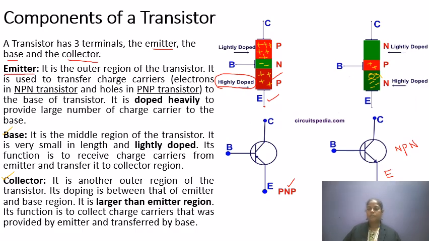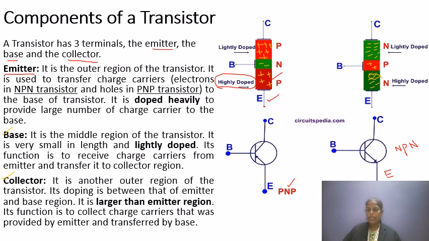Keep it in mind: the emitter is heavily doped, the collector is lightly doped.